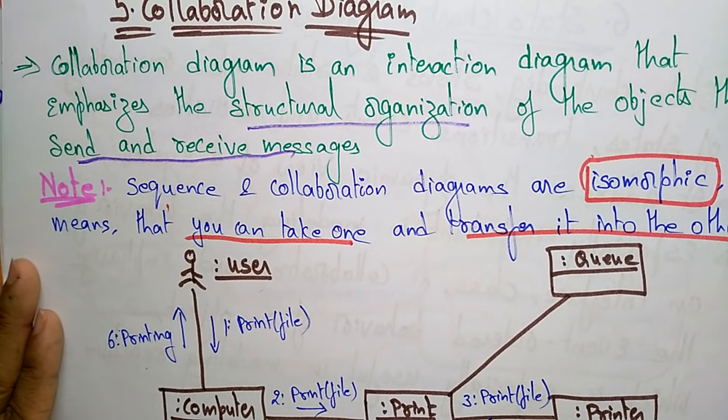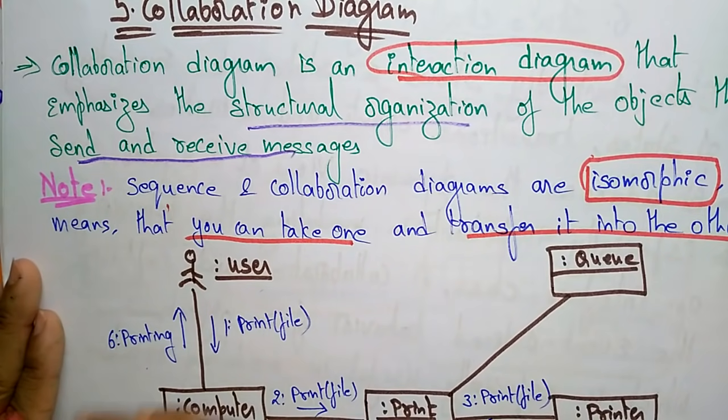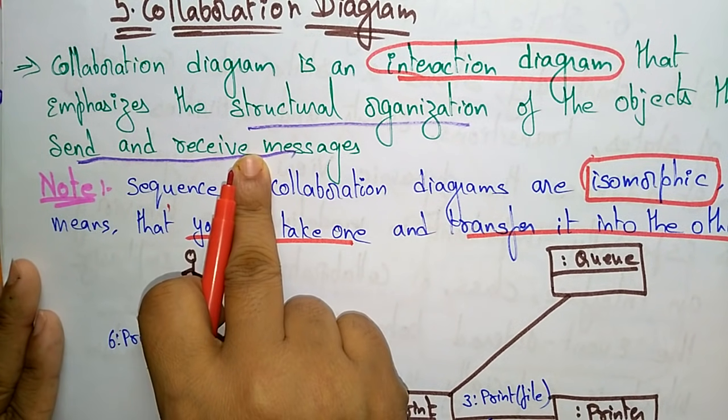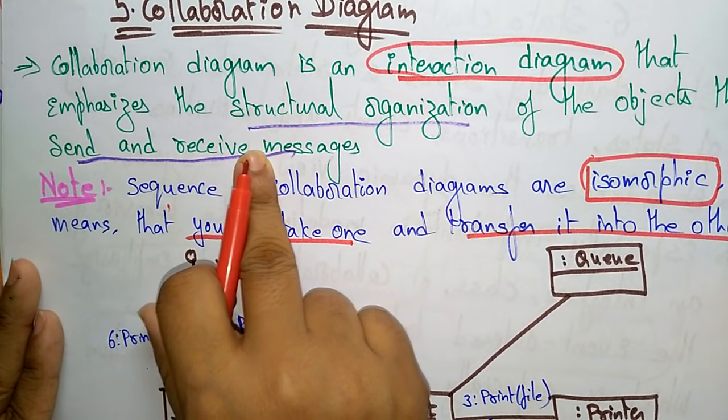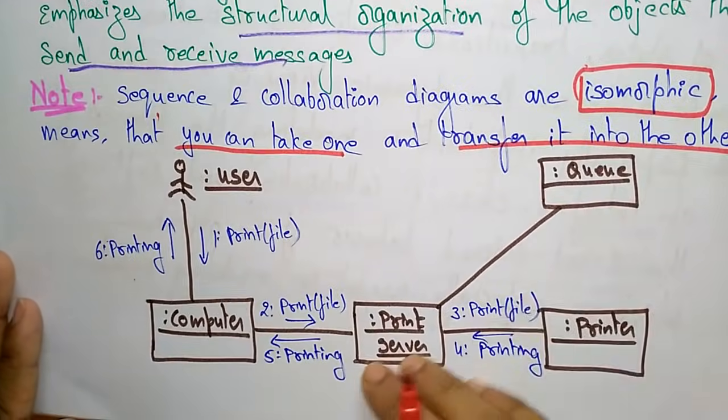Just by seeing the diagram, you can convert collaboration to sequence and sequence to collaboration, because both are performing the same role as interaction diagrams. But the main difference is that the sequence diagram emphasizes time ordering, whereas the collaboration diagram emphasizes the structural organization of the objects that send and receive messages.